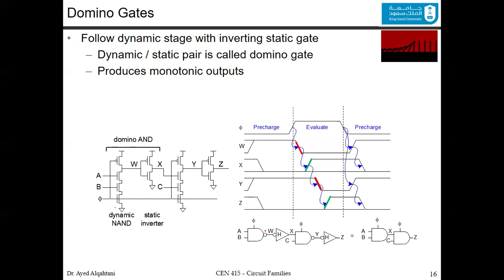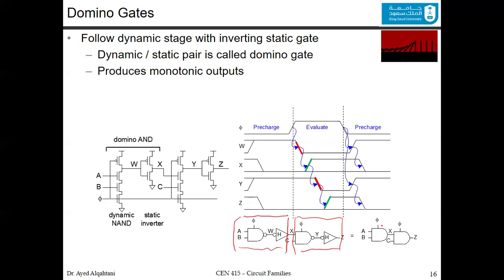So NAND, dynamic, when we put the clock like this, it means that this is a dynamic circuit, followed by an inverter. So now this is a domino. Similarly, this one is a domino. You can denote it like this, which is easier. This is an AND with the clock.